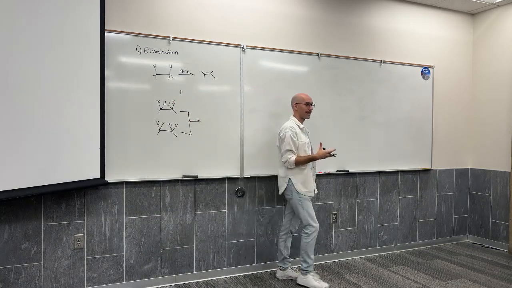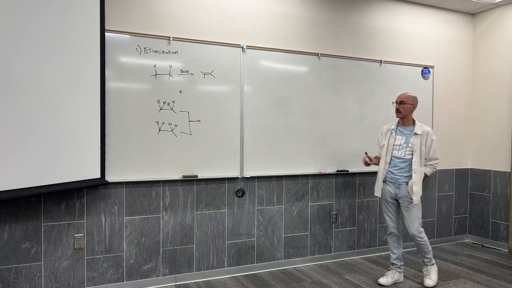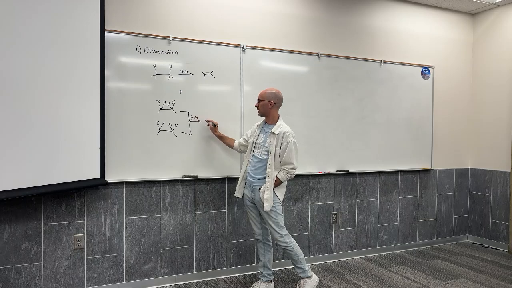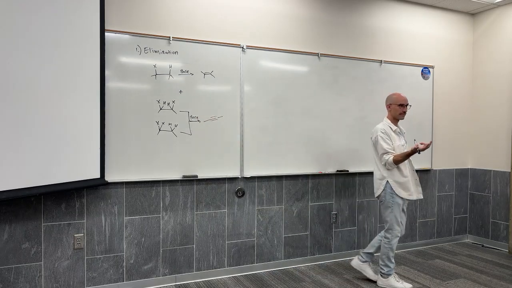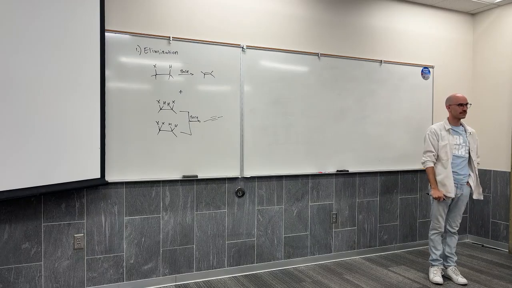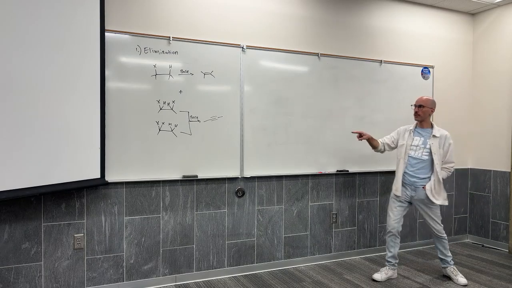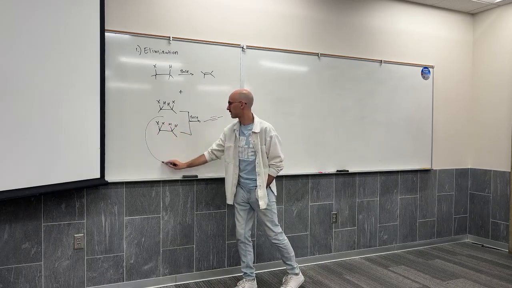And if you react this with a very strong base and heat, then you can actually run a double elimination, right? And both of these actually give a specific intermediate.